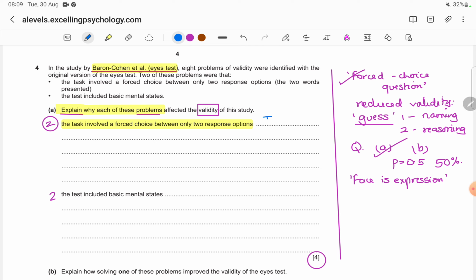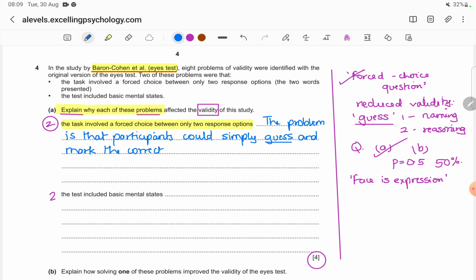We'll write: the problem is that participants could simply guess and mark the correct response with a probability of 0.5.